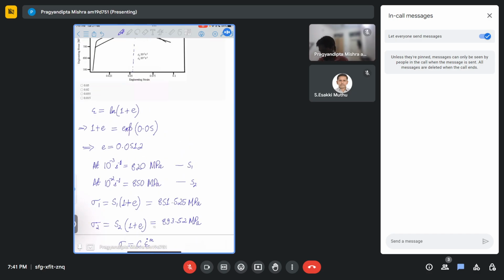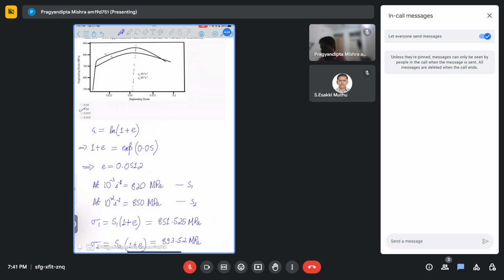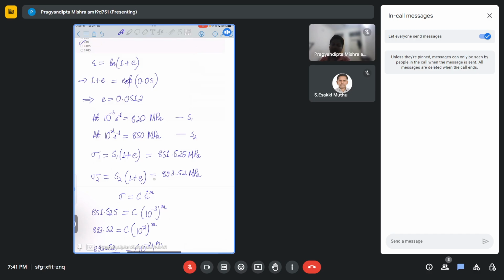Okay, let's see if this is an option. Yes. So this is our value of m. You can see how we have used all the equations that we have learned so far: true stress, true strain, engineering stress, engineering strain, and then finally followed it up with the equations that we learned today about strain rate, like how flow stress depends on strain rate. So we have used all those equations and finally arrived at this expression.